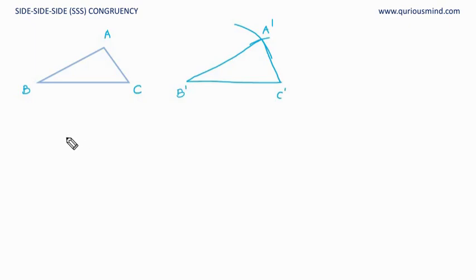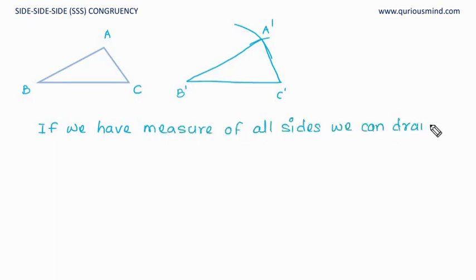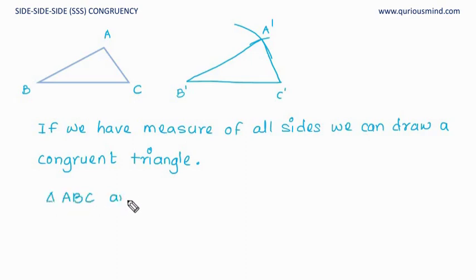And this indicates that if we know the measure of all the three sides, we can draw a congruent triangle. And this method is used to determine congruence, which means if I have two triangles ABC and PQR, and it is given that length of AB, I'll write only AB, and so on.